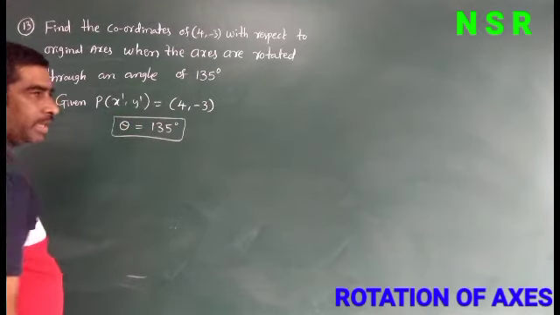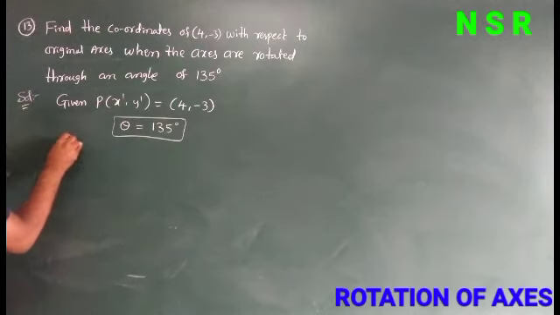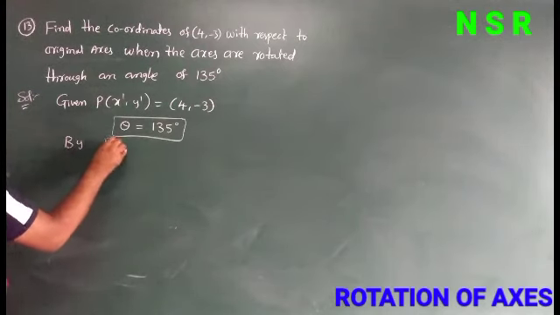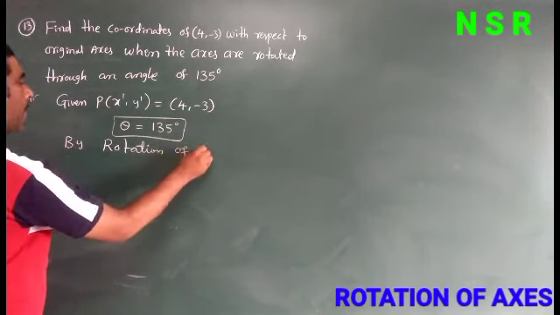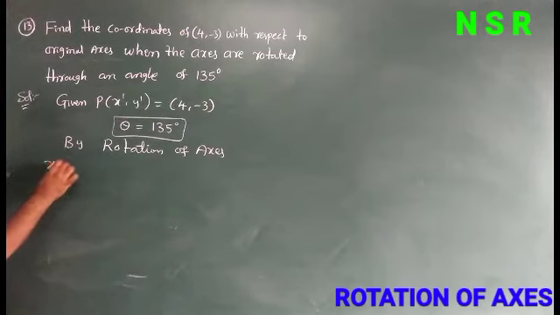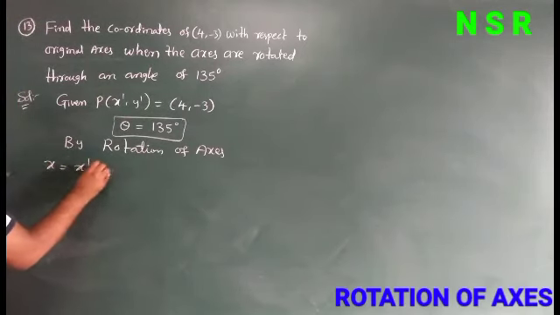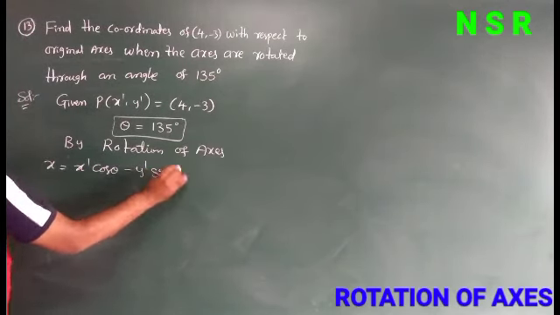So here we find the x and y coordinates. So by rotation of axis, write the formula x = x' cos θ − y' sin θ.